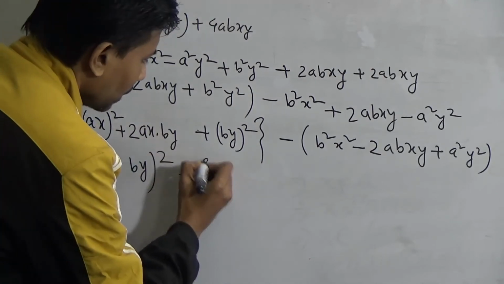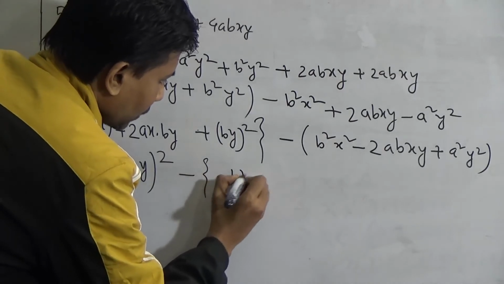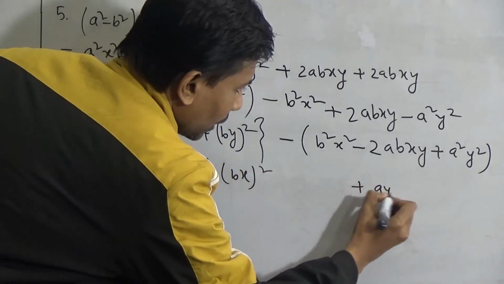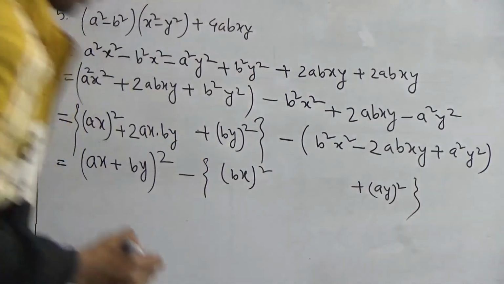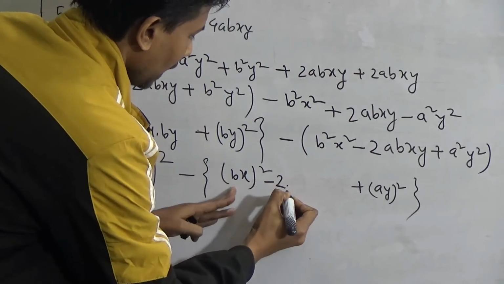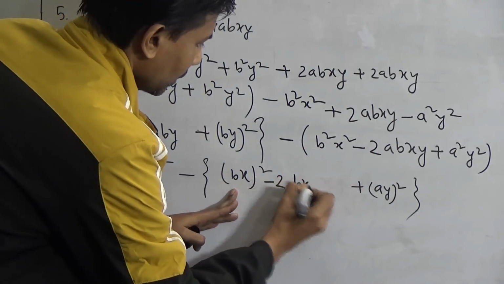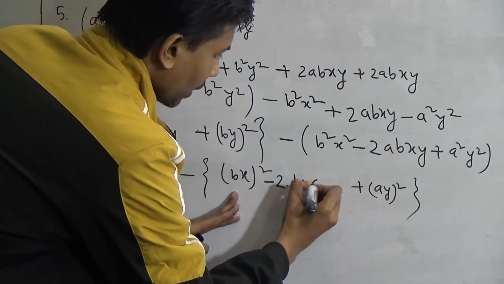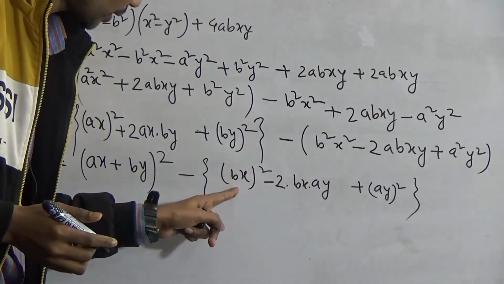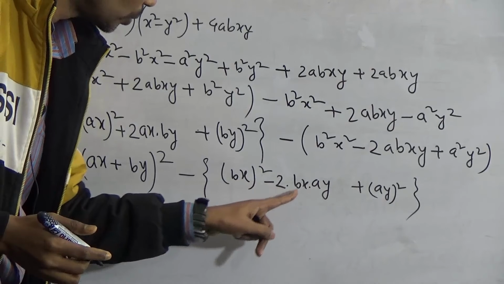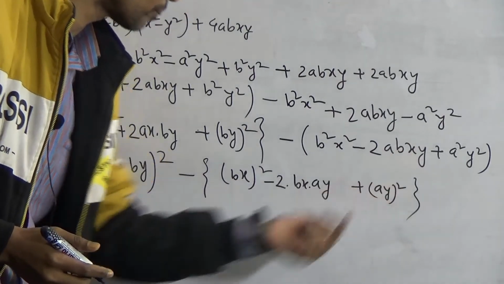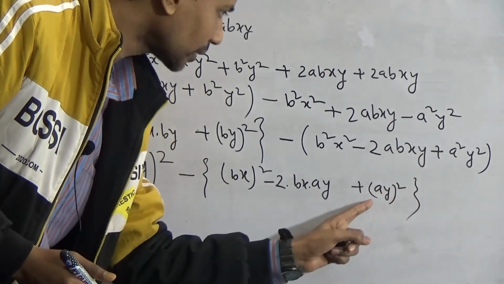Now look, at first give second bracket, bx we can write this way, plus ay whole square. Okay, then minus 2, a means here bx, b means here ay. Now look, b square x square minus 2ab xy, you see, minus 2ab xy, a square y square, that means ay whole square.